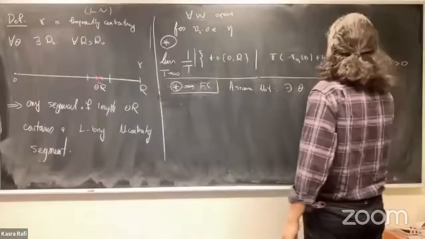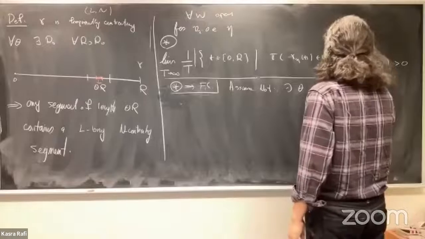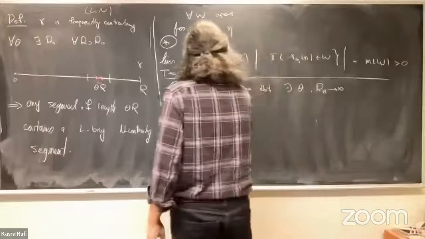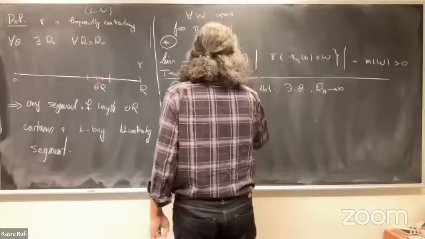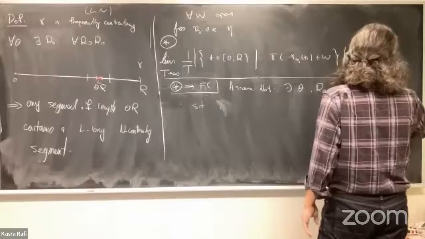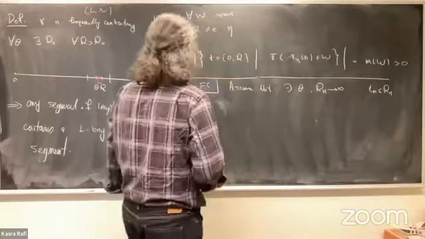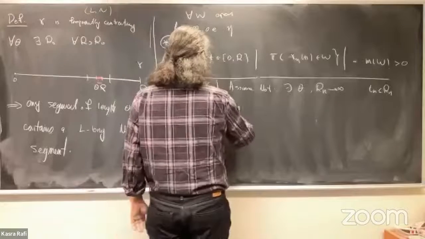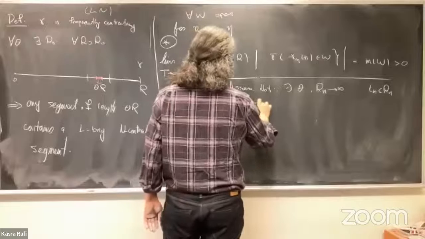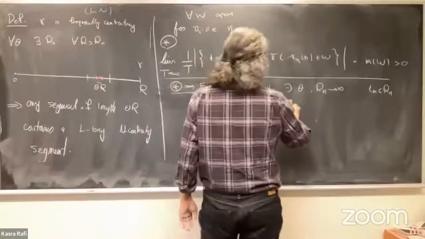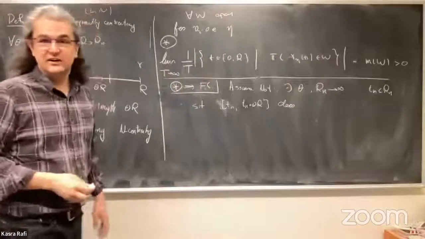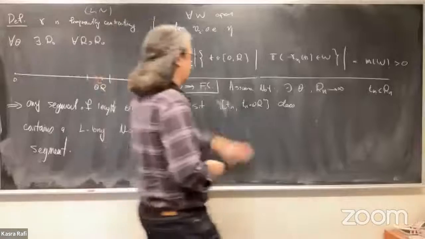And there also exists a sequence of Rn going to infinity, and a sequence of Tn's, which are less than Rn, such that the interval Tn plus theta R does not contain any contracting subsegment.